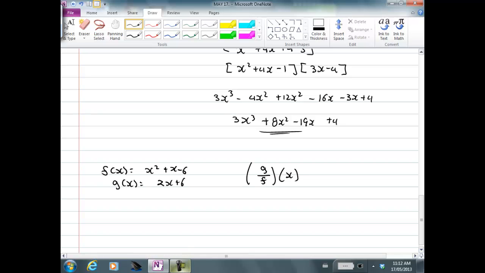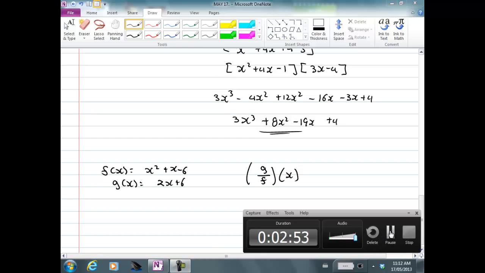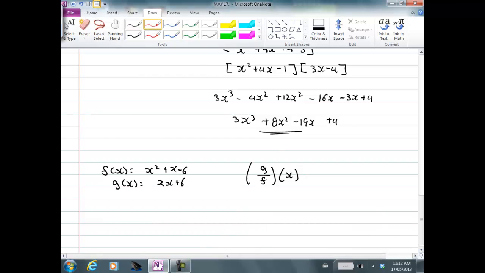Let's see if you can solve this. I'm going to pause it. I'm going to ask you to do two things. One, simplify. Two, state the restriction. So you're going to simplify and state the restriction.